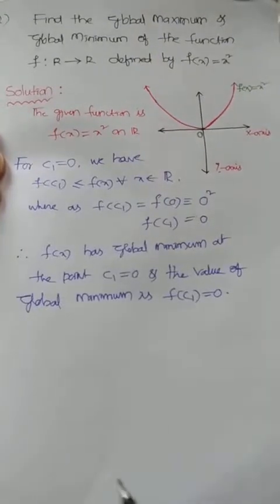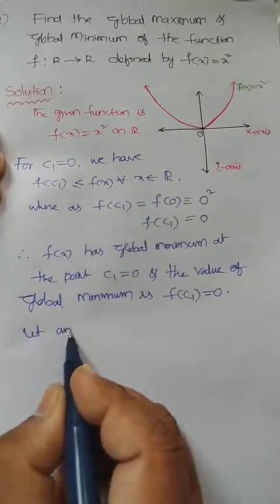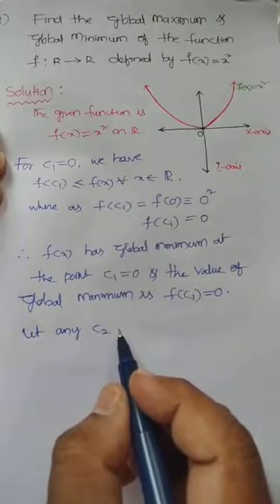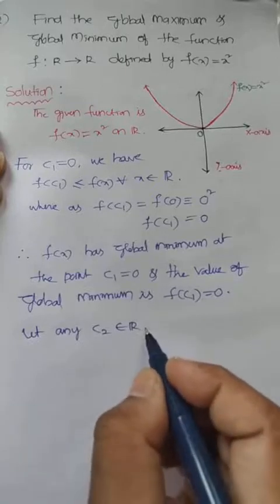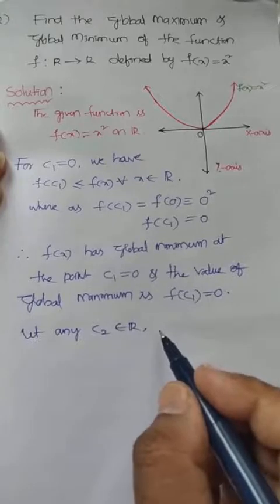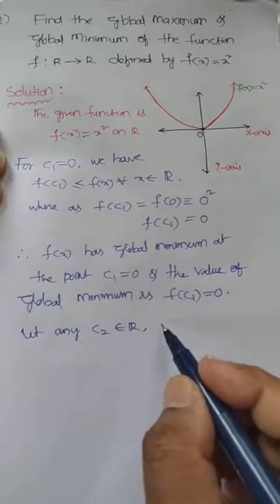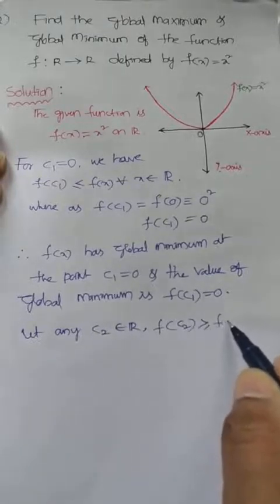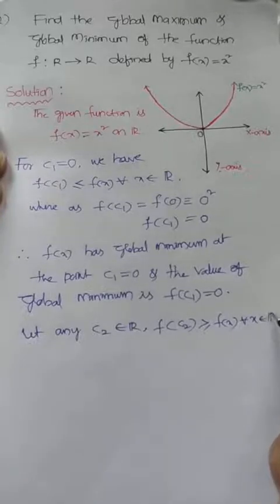For it, let any c2 belong to the real number system and follow the global maximum condition, which means f of c2 is greater than or equal to f of x for all x belonging to the real number system.